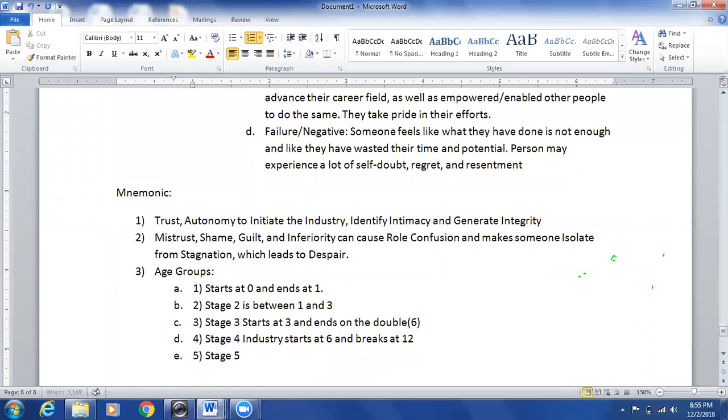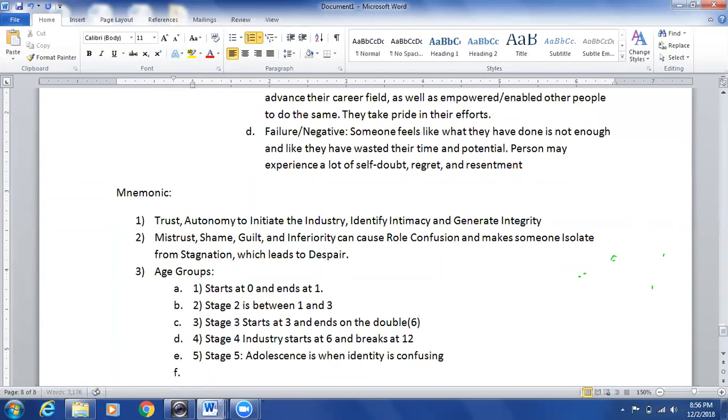And that is stage 5, which is identity versus role confusion. In the little ditty, adolescence is when identity is confusing.